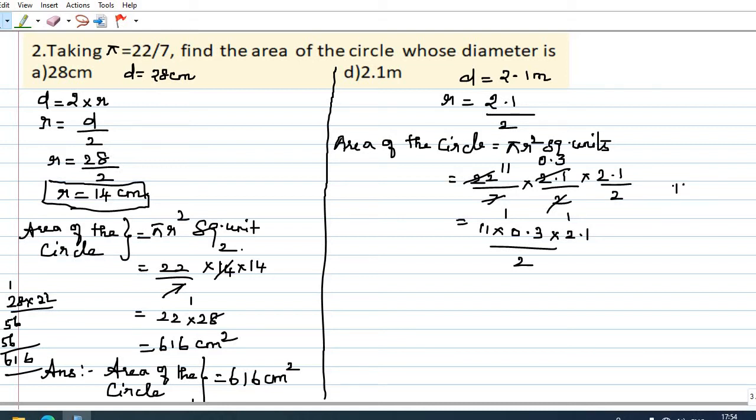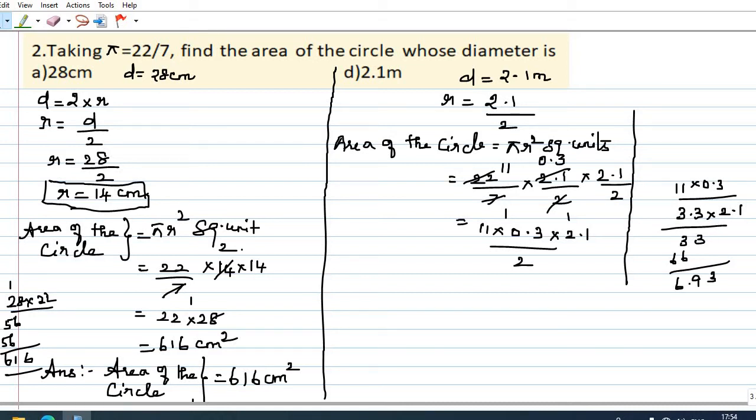Listen, these are the rough columns I have to do. 11 into 0.3 is 3.3, so 3.3 into 2.1. So 3 twos are 6, 3 twos are 6, 3, 9, 6.